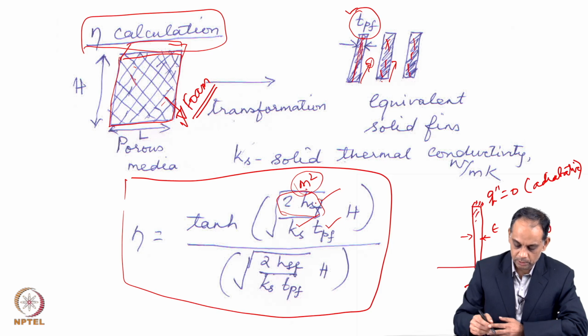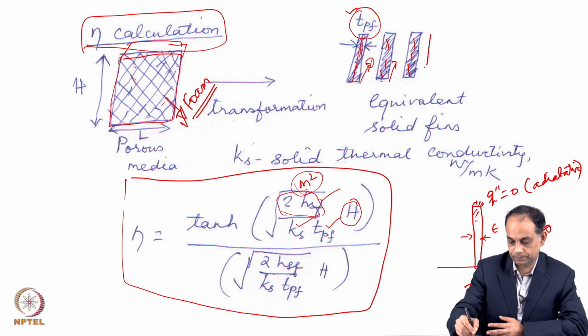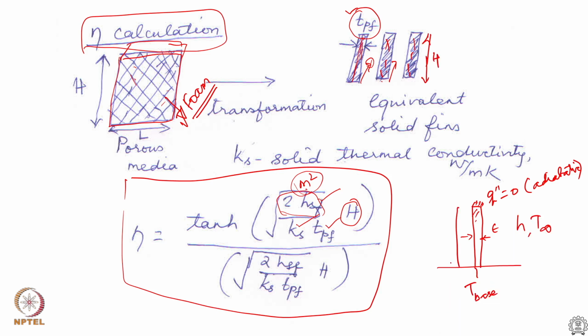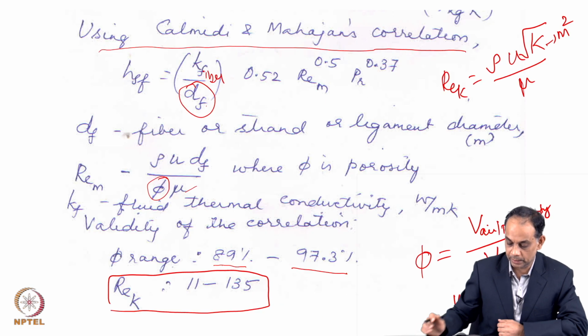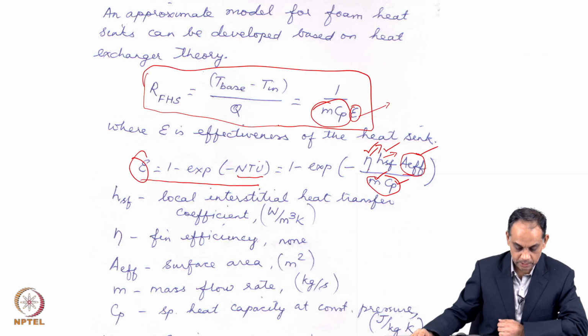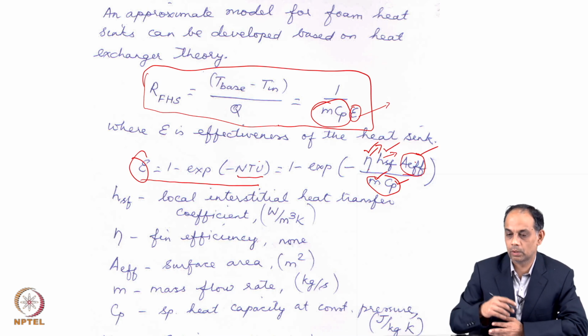With this, and h being the height, I now know everything I need for calculating an efficiency. So calculating an efficiency becomes easy. Now I can calculate eta and HF. The A effective is given by the manufacturer itself, or one can estimate it using pores per inch and the specific surface area per volume.